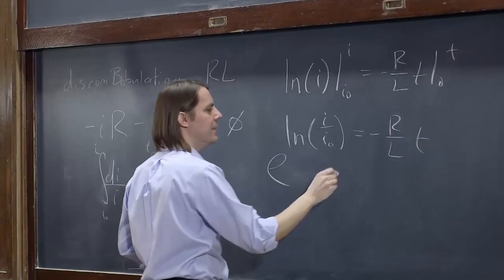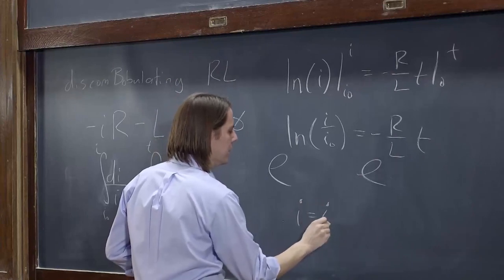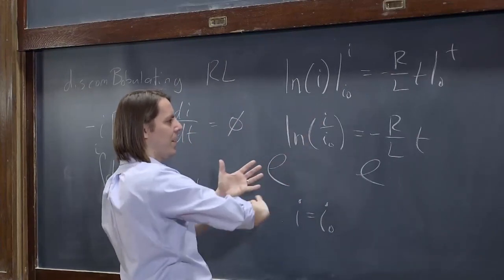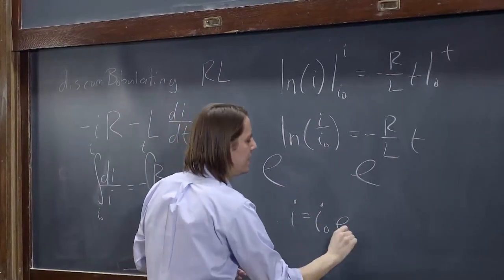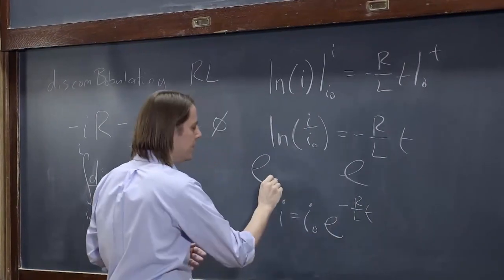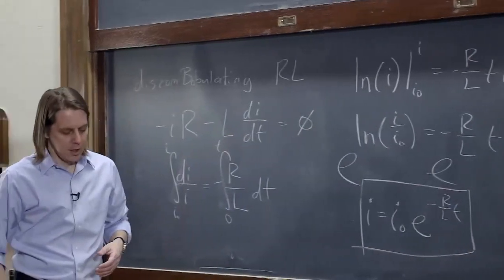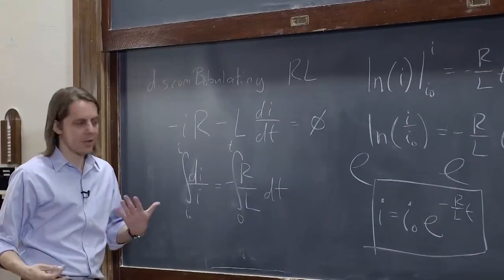And then we take e to this and e to this, and you get that I over I naught equals e to the minus R over L t, so I equals I naught e to the minus R over L t. So you find that it undergoes basic exponential decay.